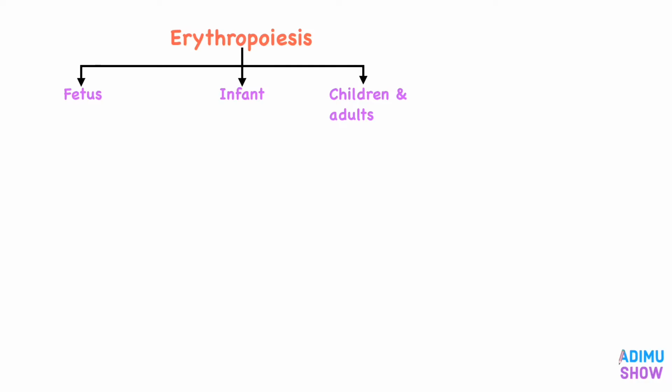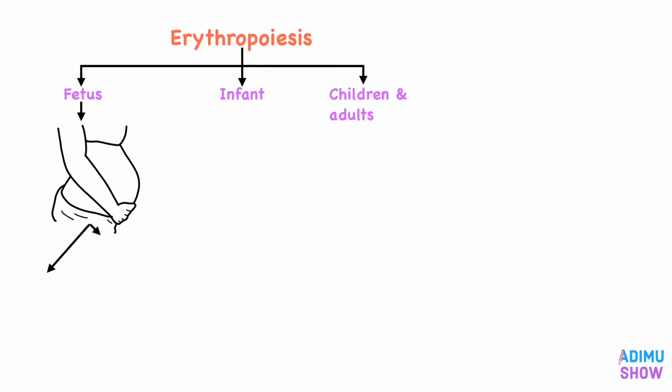Then let's discuss red blood cell production. The process of red blood cell production is called erythropoiesis. During normal childhood and adult life, red blood cell production is done by the bone marrow. But it slightly differs in the fetus inside the uterus.